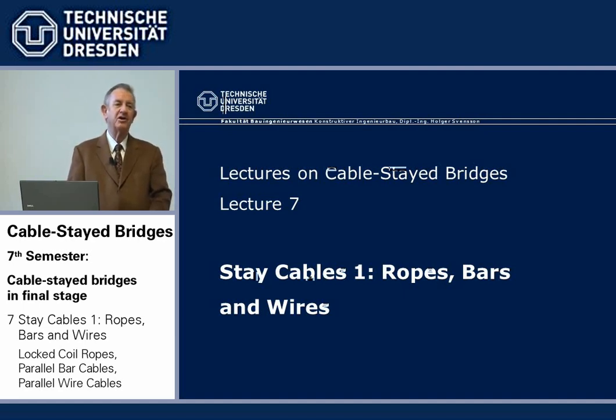After we have gone through the bridge systems, we will today go in detail into the most important and most specific structural part of a cable-stayed bridge, the stay cables.